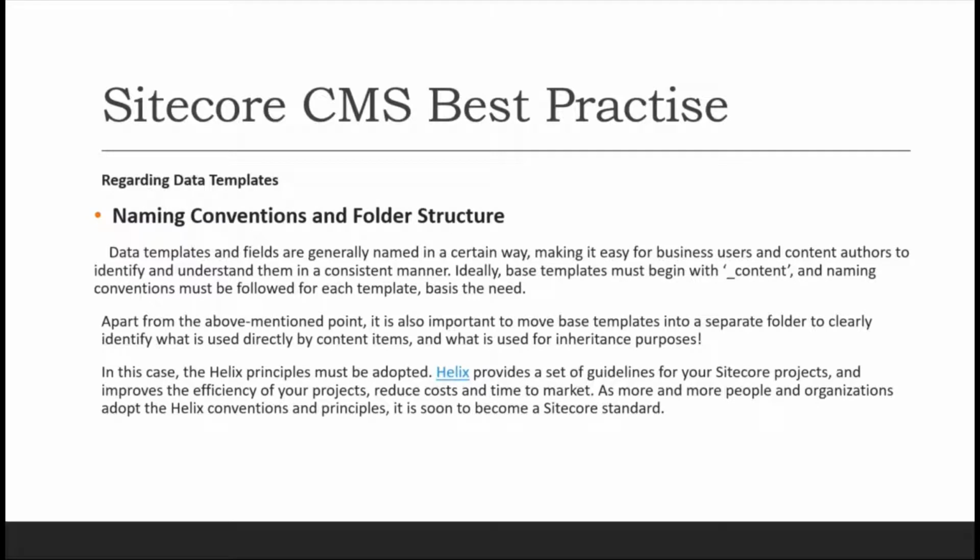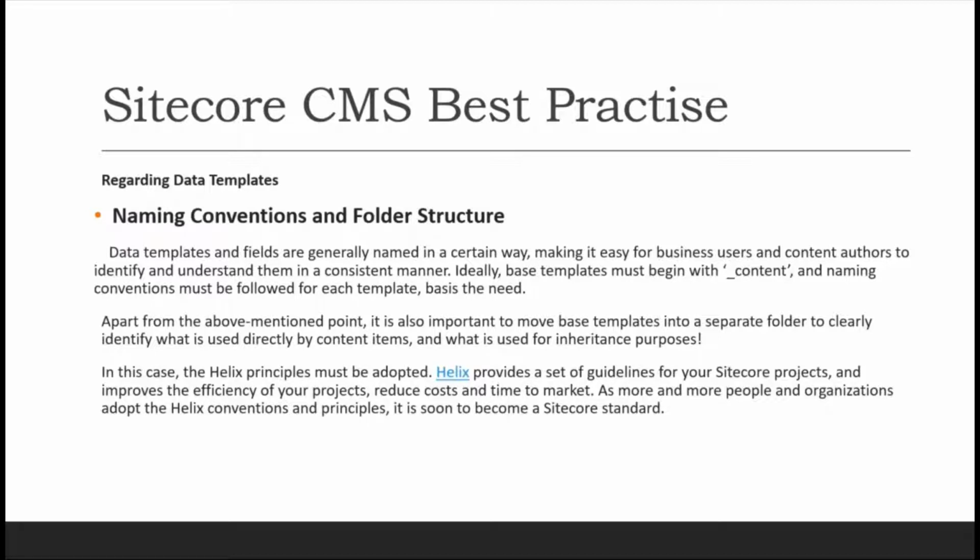Coming back to our topic, Sitecore CMS best practice. First, I want to start from the template level. Considering the template level, the naming convention should be appropriate and meaningful to the template.